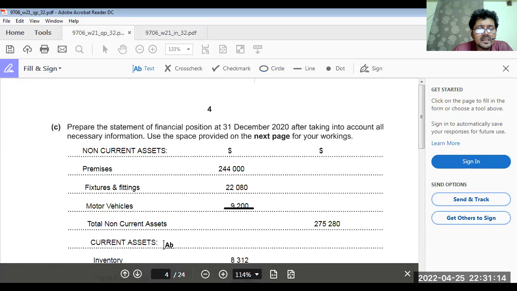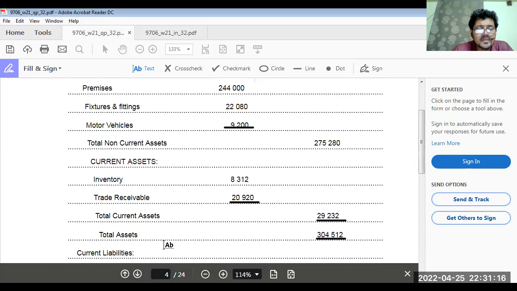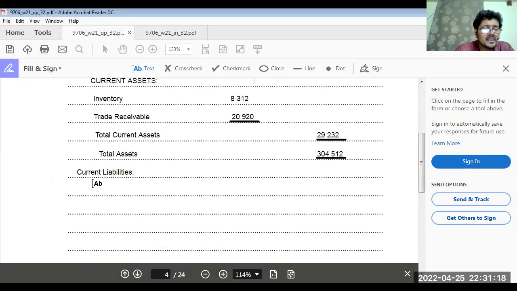Now current liabilities we have trade payables, then bank, and then provision for compensation.